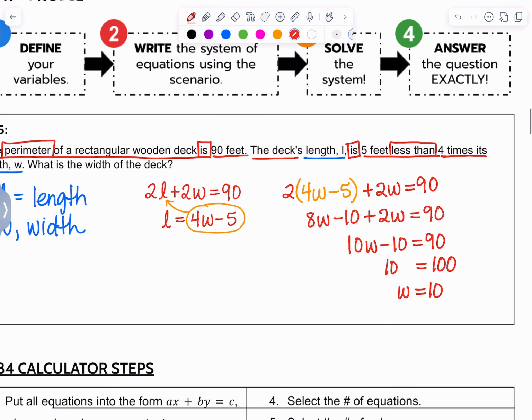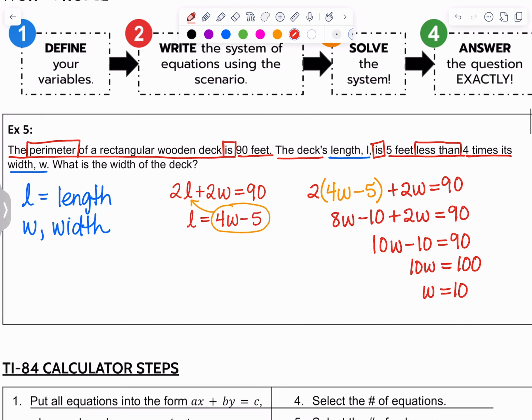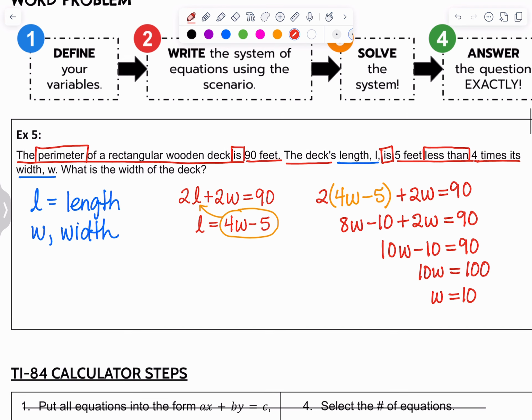All right. So if W equals 10, if we wanted to, we can solve for the length as well. You don't necessarily have to. But if you wanted to solve the whole system, you could.